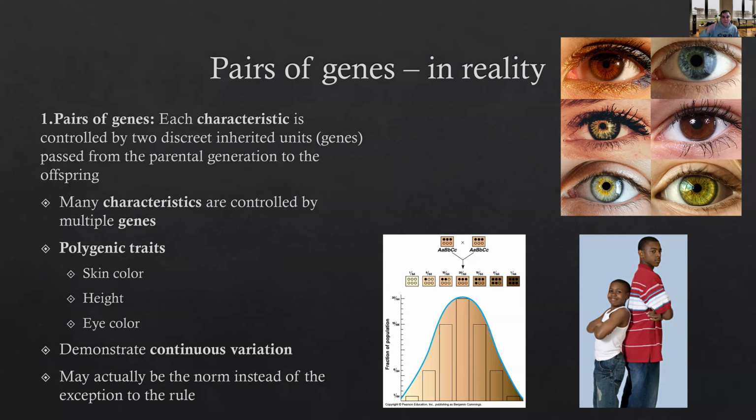One of the ways you can easily identify a trait that's not inherited discretely, but is inherited through polygenic inheritance, is that it usually appears on a scale through continuous variation. Okay, so instead of being one or the other, you can get a bell-shaped distribution of these particular phenotypic appearances.